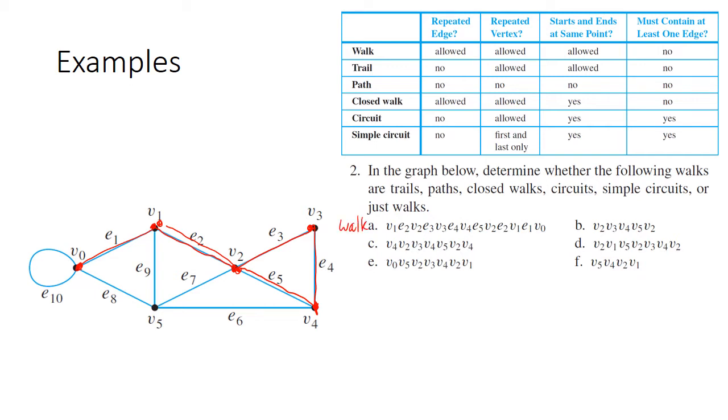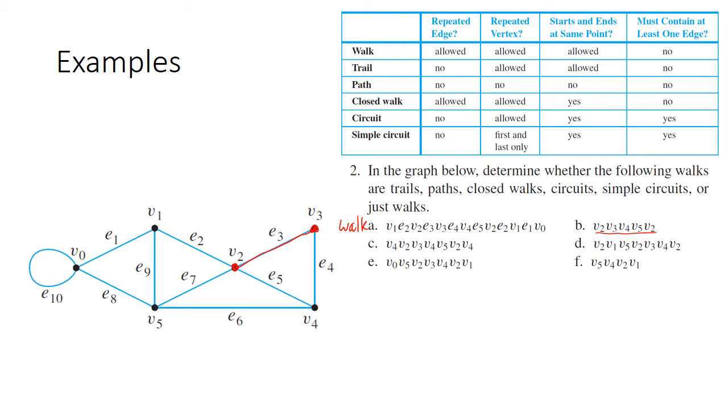Okay, so that was part A. Let's do part B. So part B, actually they've only given me the vertices in this one. So let's see if we can figure out what the edges were without looking at what they actually were until we see them on the graph. Okay, so we start at V2, and then we're going to go to V3. So I'm going up here. I must have gone along E3.